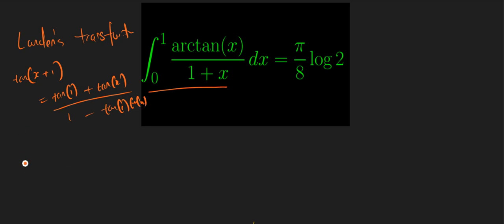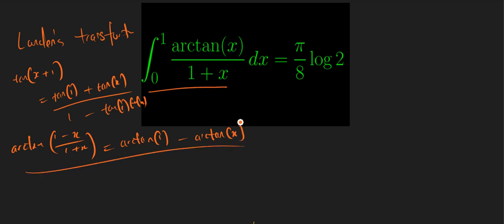So now the arctangent of (1 minus x) over (1 plus x) is equal to arctan of 1 minus arctan of x. This is a very useful identity.